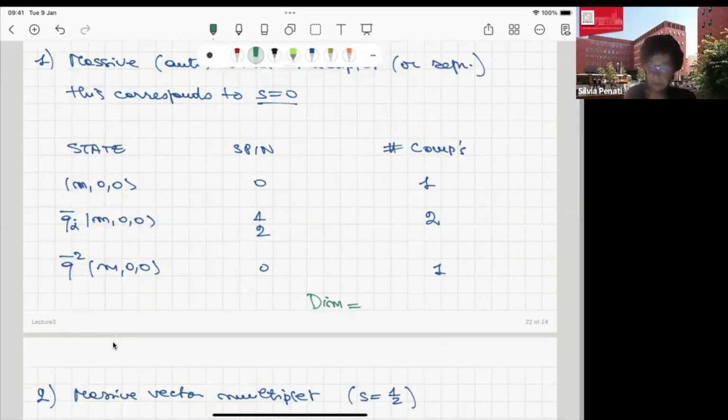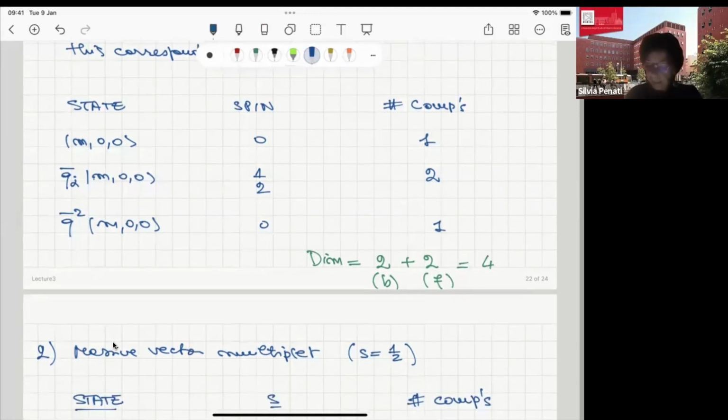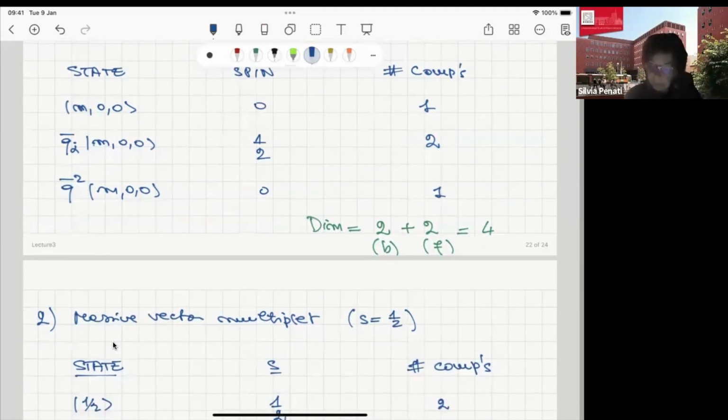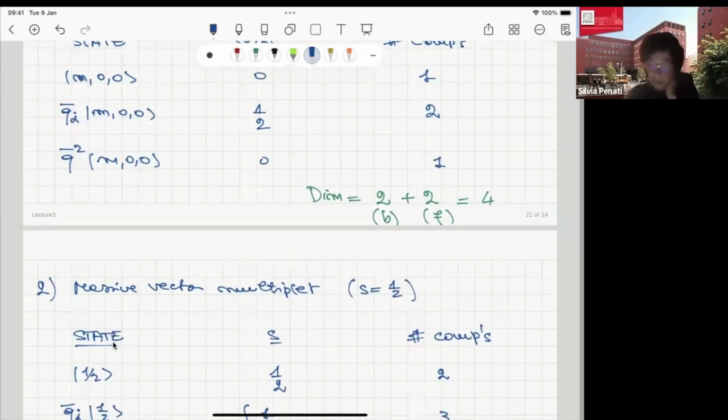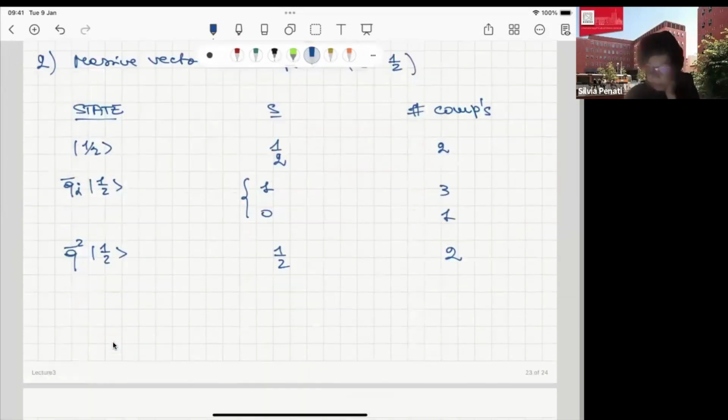We have 1 plus 1, 2 bosonic components plus 2 fermionic. So 2 bosons plus 2 fermions, which is equal to 4. And we start testing that, in fact, this representation is made by the same number of bosonic and fermionic states. Let's see if this happens also for the others.